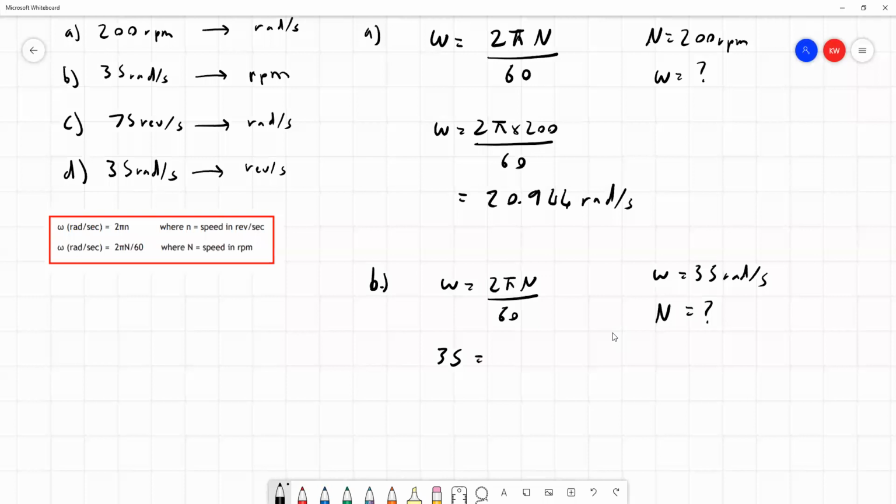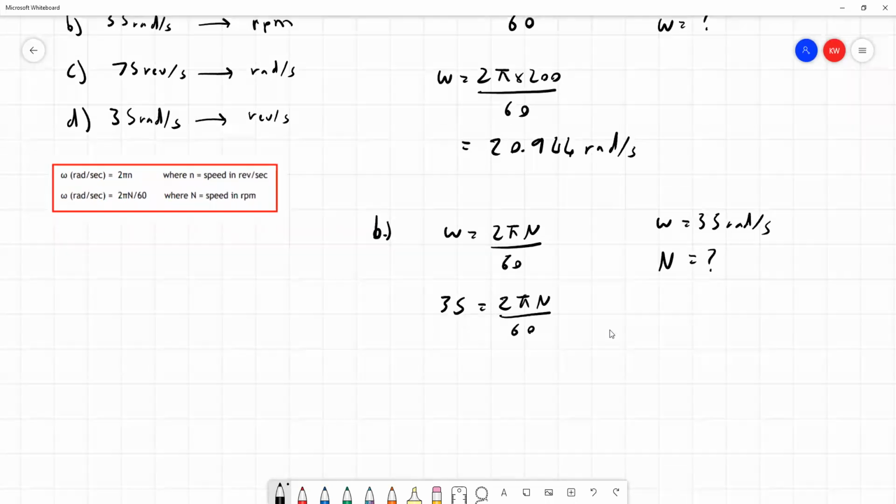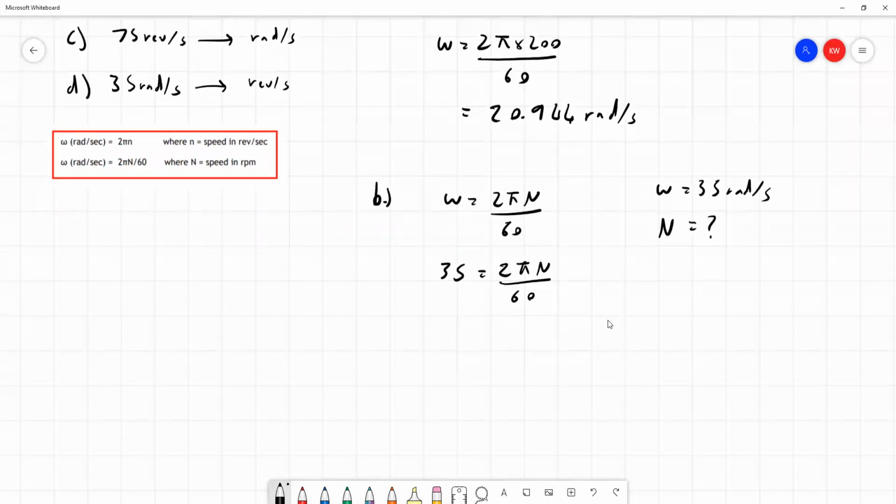Last time we didn't know that. And we have 2 pi n over 60. This means that to find n, we have n is equal to 35 times 60 divided by 2 pi. We can multiply both sides by 60 and divide both sides by 2 pi to get n on its own.